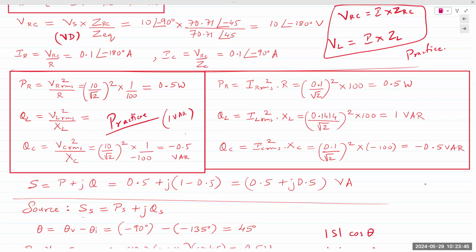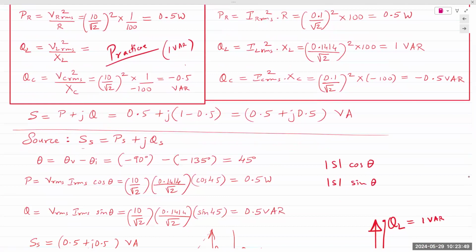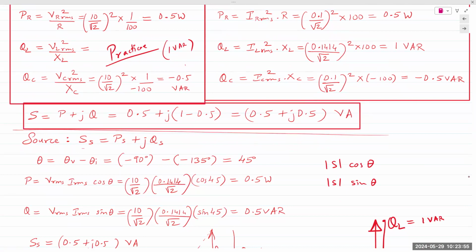Okay, so once you have the individual powers for the individual components, you can simply add it up, and you can obtain the total power being supplied by the source. And let's put a small subscript here, make it S_S.